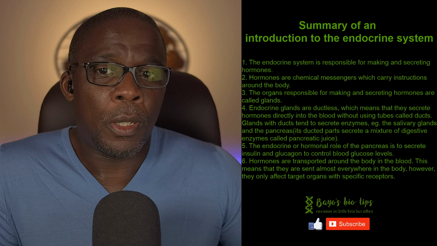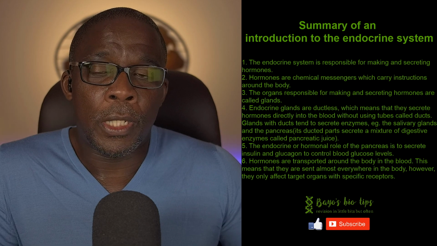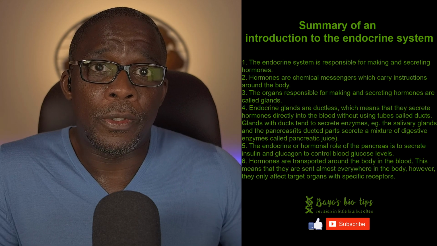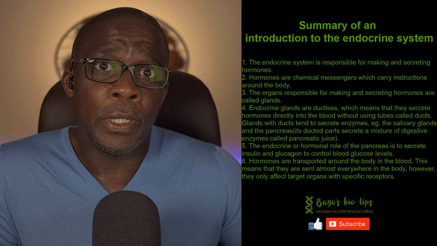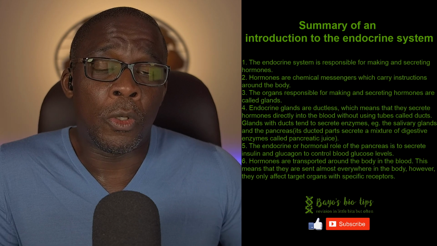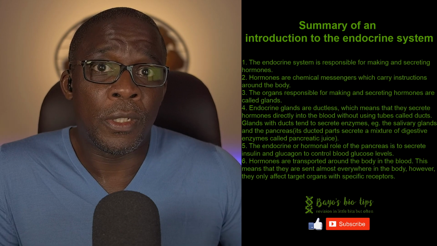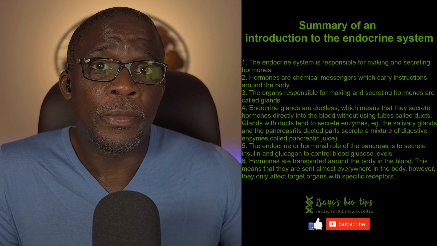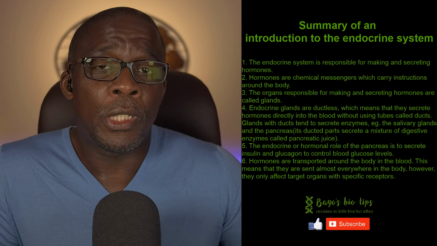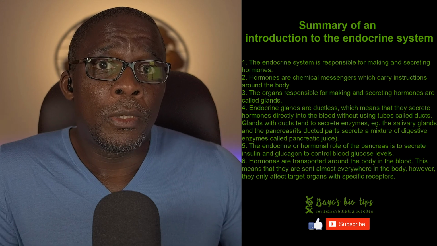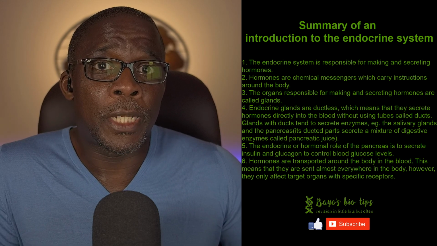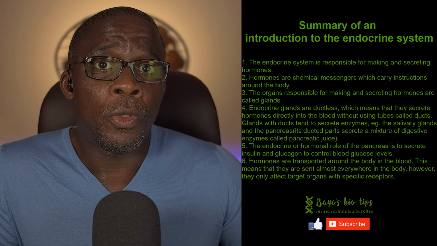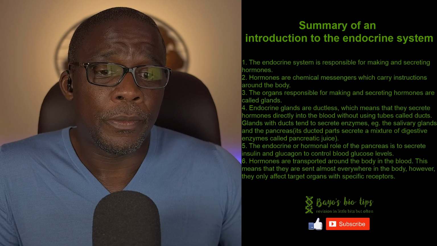And we used an example of an organ that does both, the pancreas. So the pancreas releases insulin and glucagon on its hormonal side, the ductless side, directly into the blood to control blood glucose levels. But it also produces and secretes enzymes in the form of a mixture called pancreatic juice into the small intestine.